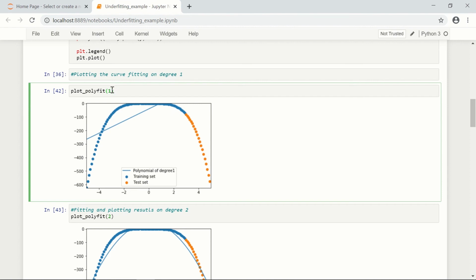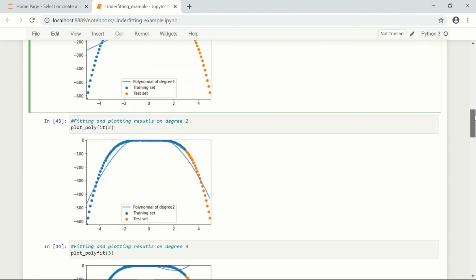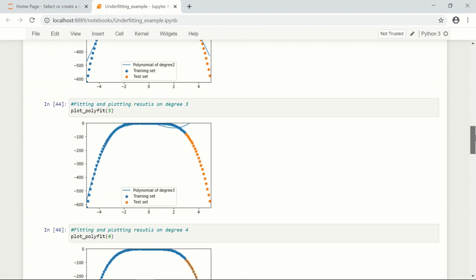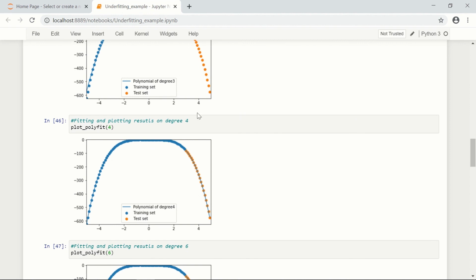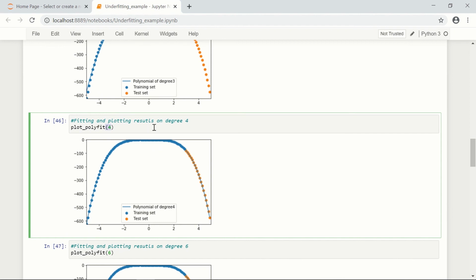So low order polynomials are not able to fit properly. Then we increase the power of the model, and it performed a bit better than the previous one. And we increase the power of the model again, and the data is not fitted correctly, and then we reach the optimal solution. When we used a 4 degree polynomial, it fitted exactly the training data as well as the testing data, so it performed very well.